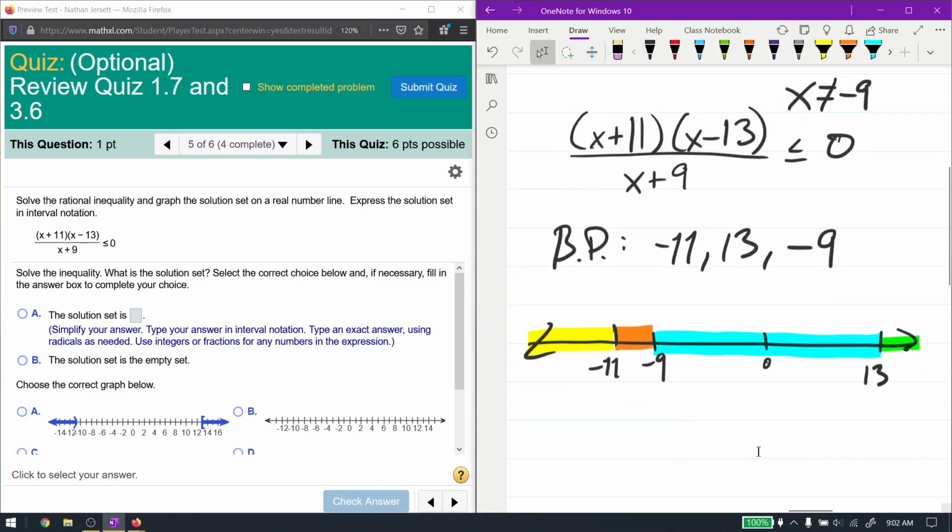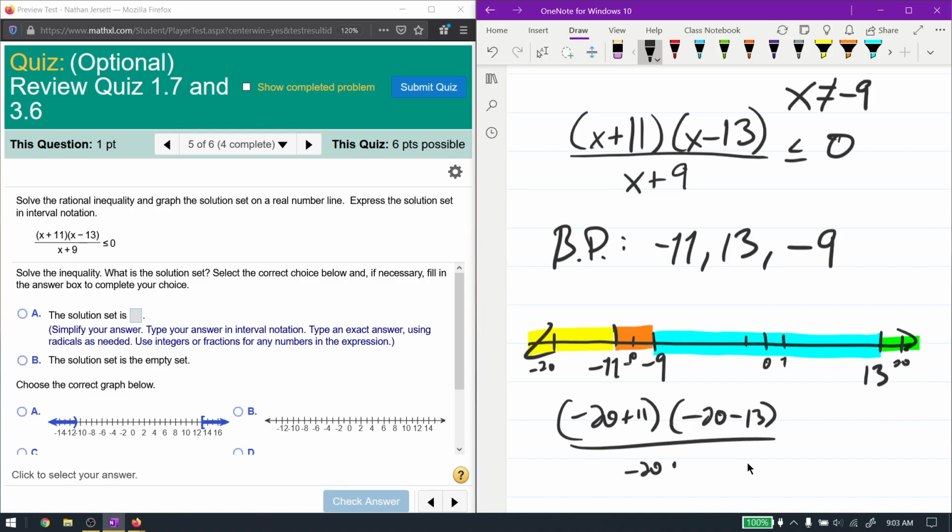So we need to figure out a number in each one of these and then test that. We can do something like negative 20, negative 10 works, and positive 1 would be even easier to work with. And then, I don't know, positive 20 down there. So plugging those numbers in, we get negative 20 plus 11, negative 20 minus 13, over negative 20 plus 9.